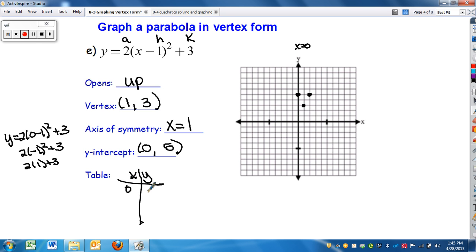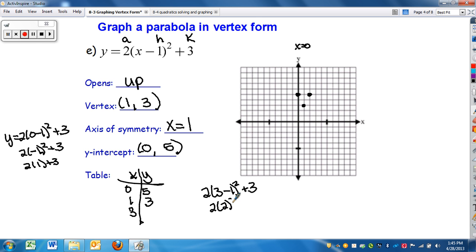So we have 0, 5. 1, 3 is our vertex, and then we have a value of 2. So I just need one more value. I'm going to do 3, or you could do negative 1, just the next x value you haven't done. So 2 times 3 minus 1, squared, plus 3. So 2 squared is 4.